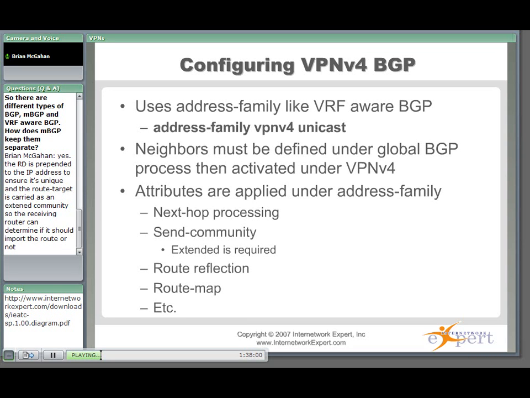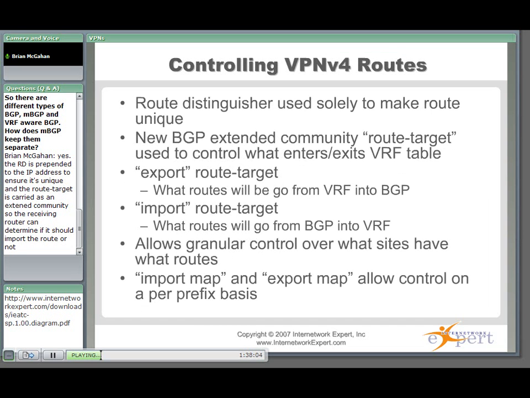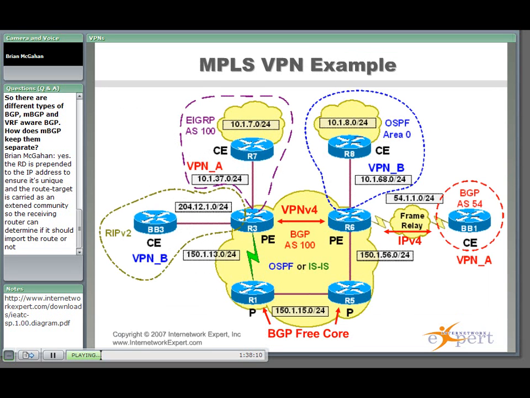Okay, then between router 6 and router 3, we're going to be running multi-protocol BGP. Okay, so first off, we're going to configure VPN-A on router 3 and configure VPN-A on router 6. Okay, router 7 is going to participate in VPN-A, and backbone 1 is also going to participate in VPN-A.